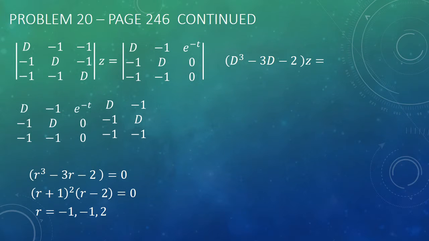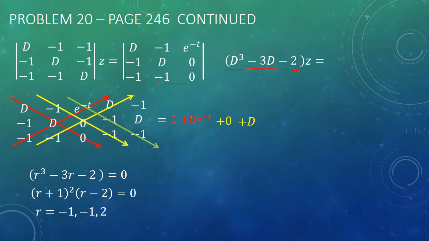And now let's look at the z1. Again, we've already found the determinant of this. It's this answer. So I want to find the determinant for this one. So I go through my routine. That's going to give me 0. That's going to give me positive derivative of e to the minus t. This is going to be 0. That's going to be 0.